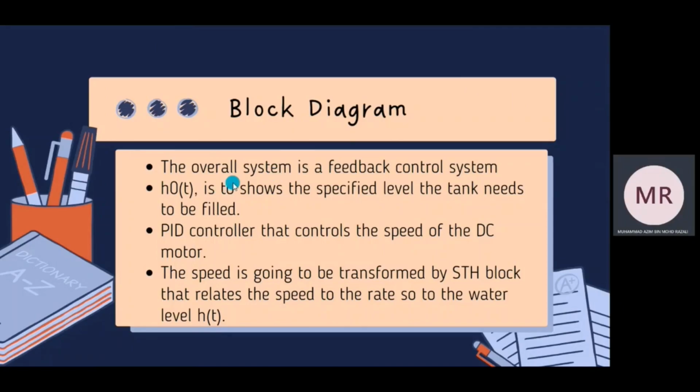The overall system is a feedback control system. The H0 shows the specific level the tank needs to be filled, while the PID controller controls the speed of the DC motor. The speed of the motor is transformed by STH, which represents the speed to height transformation block that relates the speed to the rate, so that we get the water level HT.